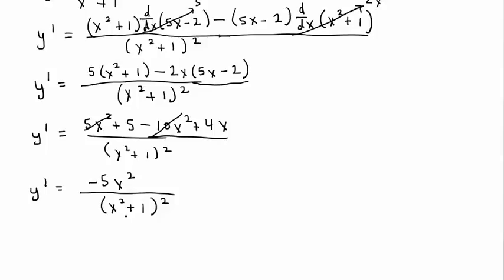Even if I could factor the numerator, I wouldn't get one of these binomials, so I couldn't simplify any further. So I'm done. That's the quotient rule, pretty much in a nutshell. So let's look at a couple more examples.